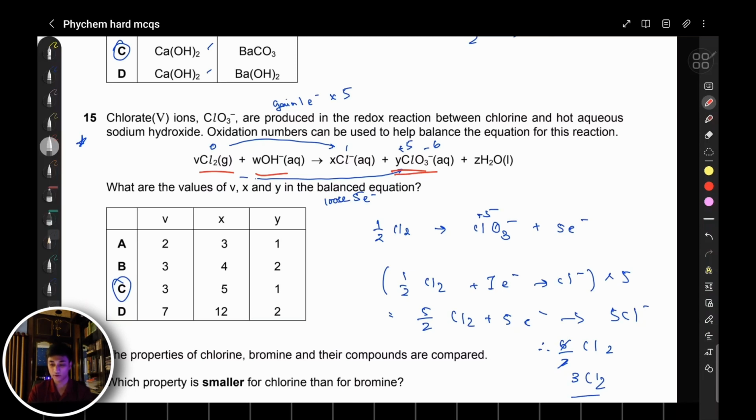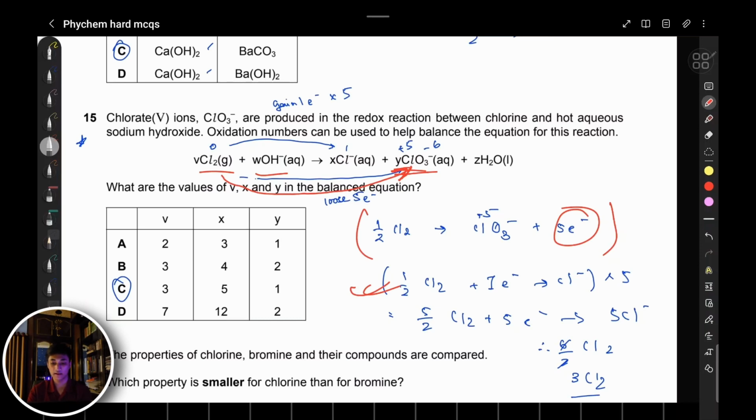So for the first one, this is for reduction, I guess. Yeah, this is for oxidation. Chlorine is losing 5 electrons. If chlorine is losing 5 electrons for this part of the reaction, you're getting 5 electrons.